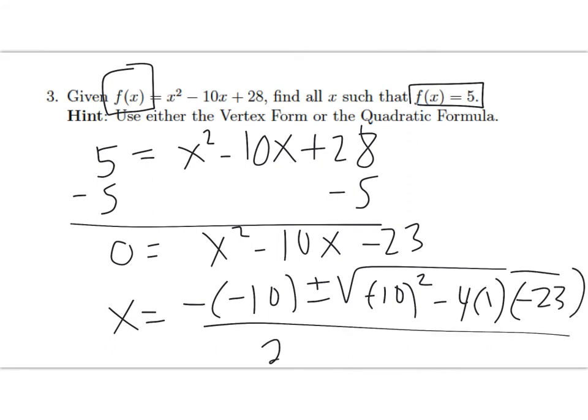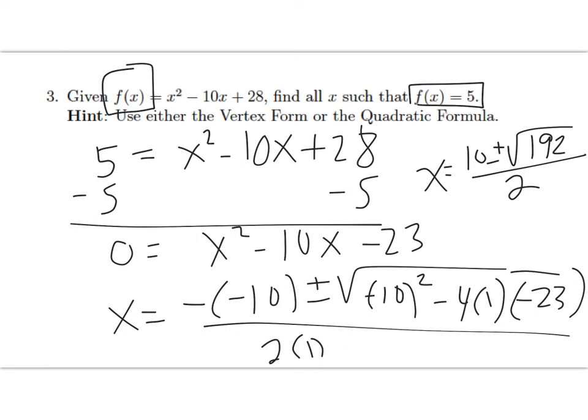all over 2a. That's x equals 10 plus or minus the square root of negative 10 squared, which is 100, minus 4 times 1 times negative 23. That's going to be 92, so that's 192, divided by 2.